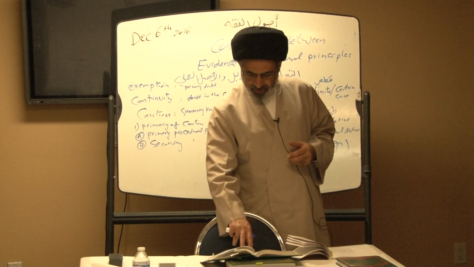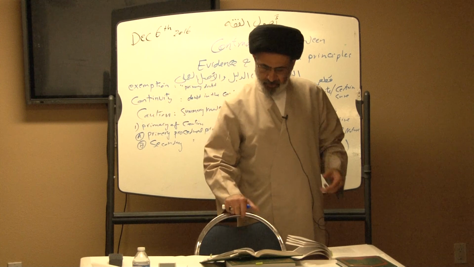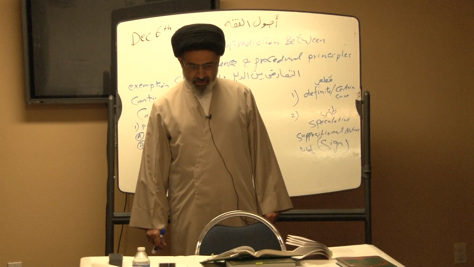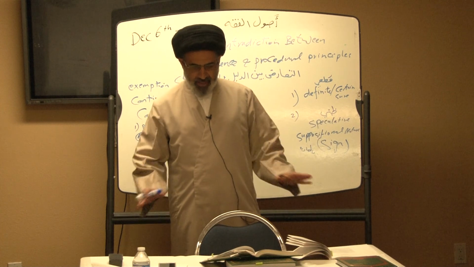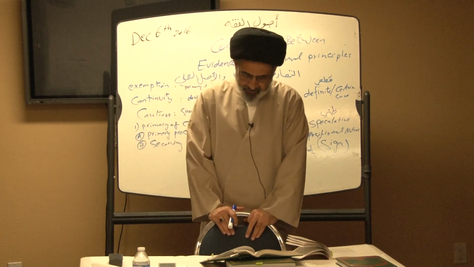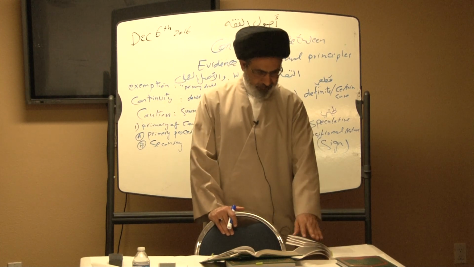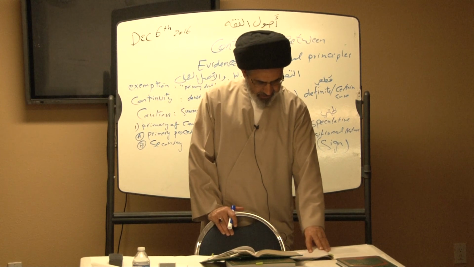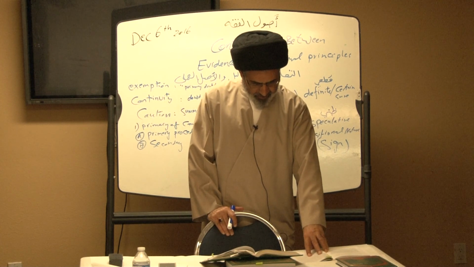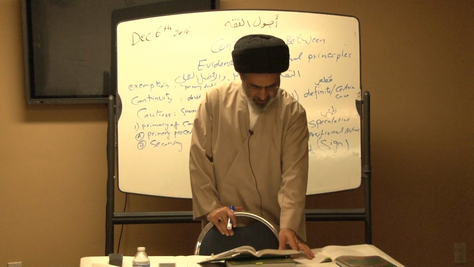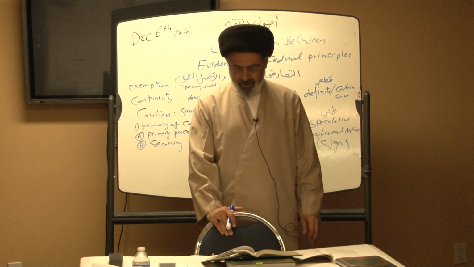Now, let's go to the last part of this contradiction and the last lesson in the first book. The last lesson in the first book, and this is lesson number 7 for the second year.